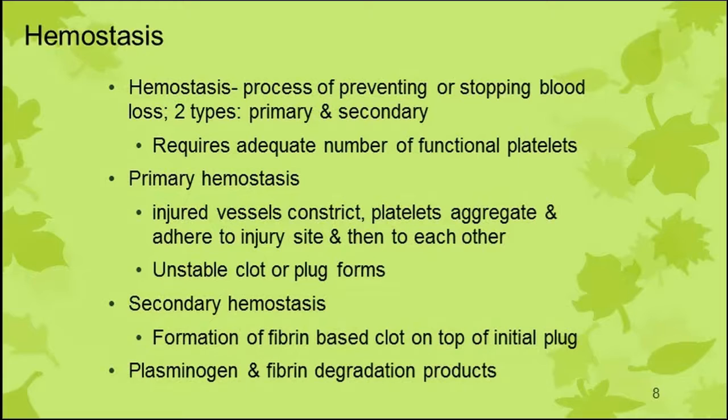In the process of platelet plug formation, it triggers secondary hemostasis where fibrinogen is released, and that leads to the formation of a fibrin clot. The formation of a fibrin-based clot on top of that initial platelet plug is that process of secondary hemostasis.